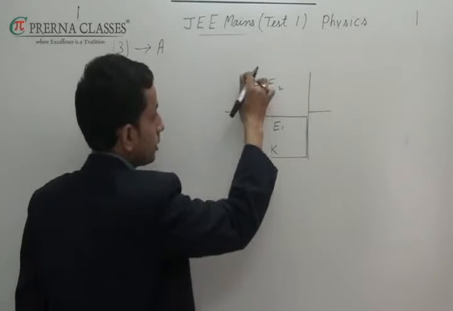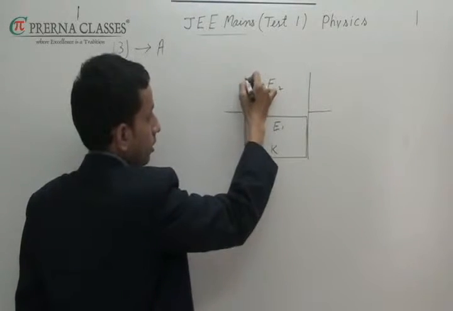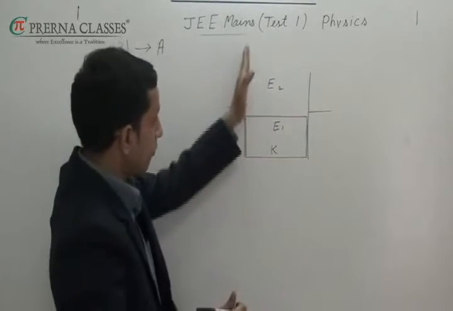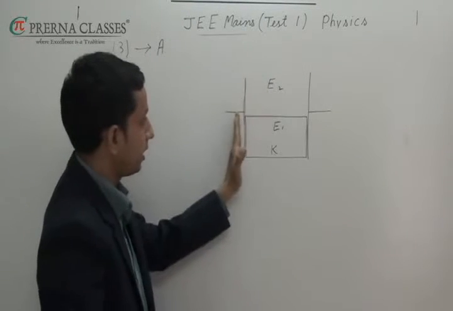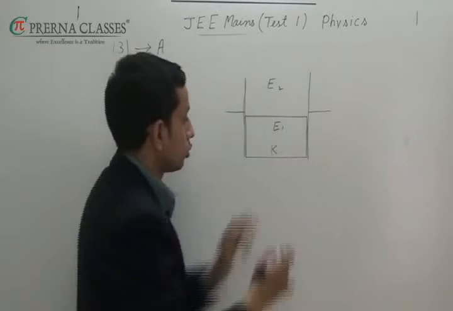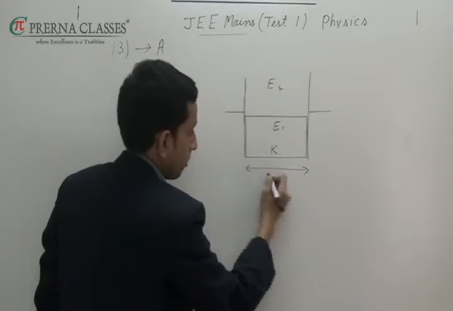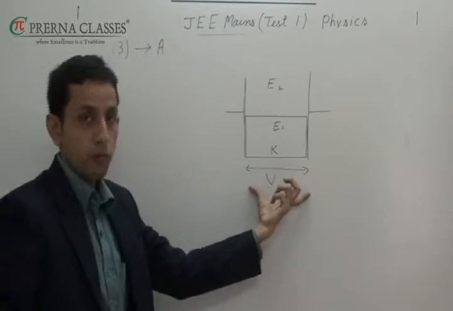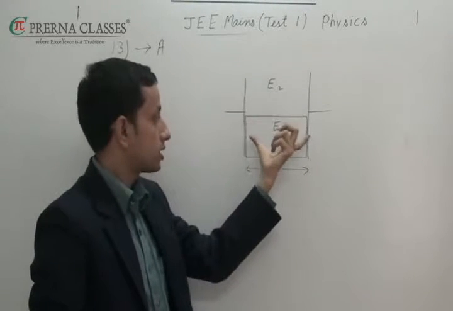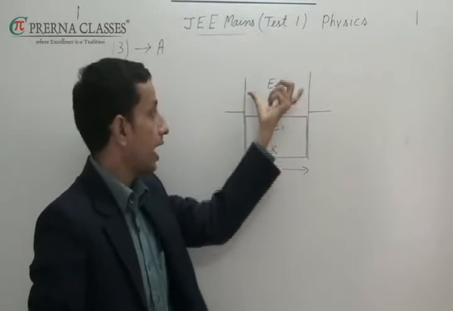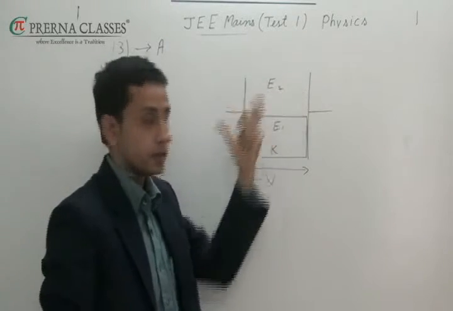Since these two plates will have the same potential throughout, the same potential here and here, the potential difference between the two plates will be constant for both the dielectric region and the air region.